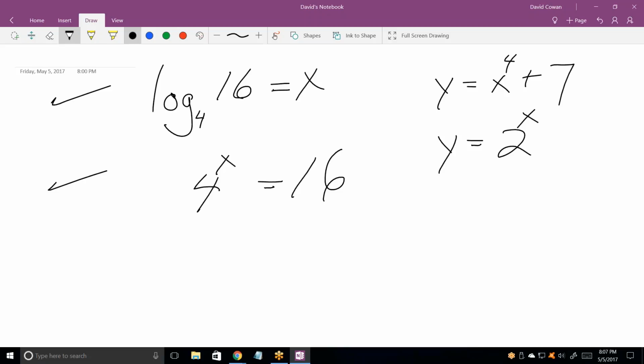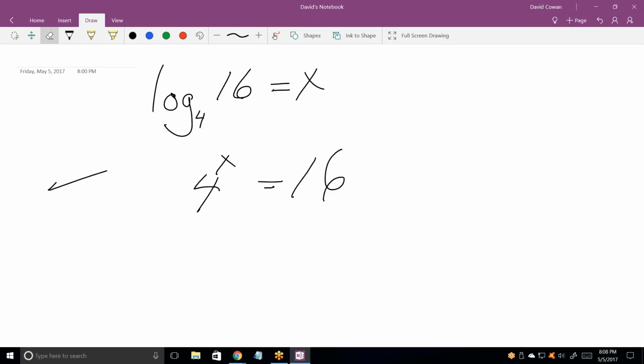The variable is in the exponent. If the variable is in the exponent, it's an exponential equation. If the variable is not, then it's not. It's an algebraic equation. And the difference is dramatic. You cannot solve exponential equations with algebra. You have to use logs.